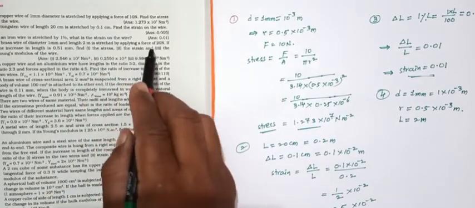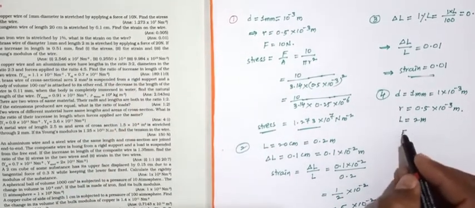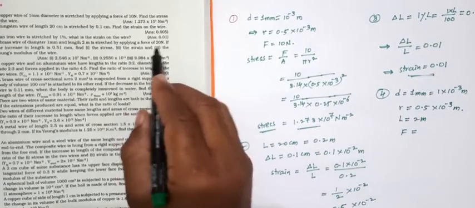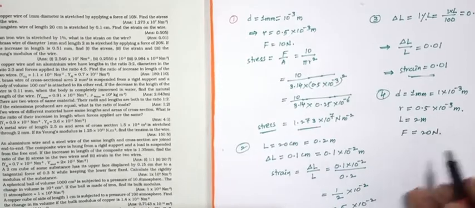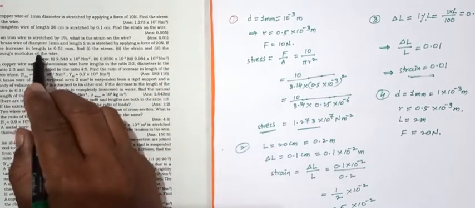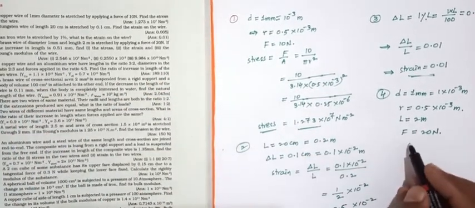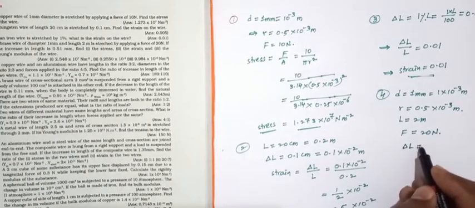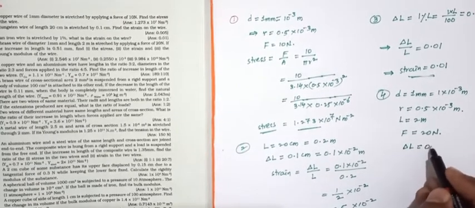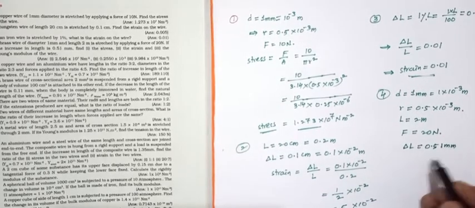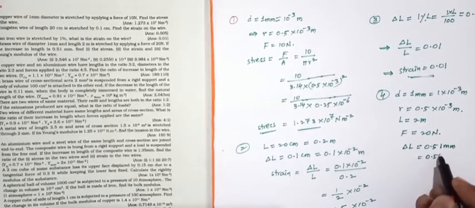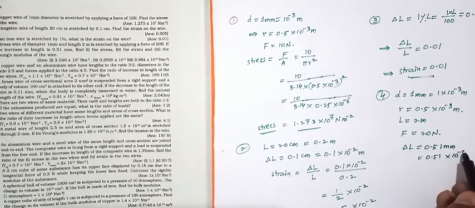Stretched by the applying force F equals, so what is the force? 20 newtons. So the increase in length is delta L equals 0.51 millimeters, that equals 0.51 into 10 to the power of minus 3 meters.